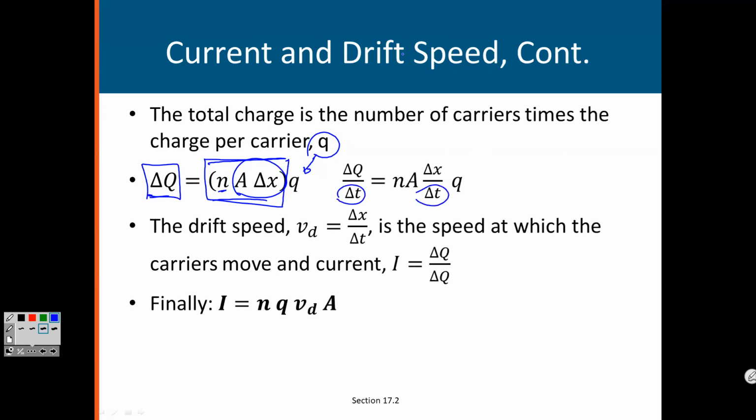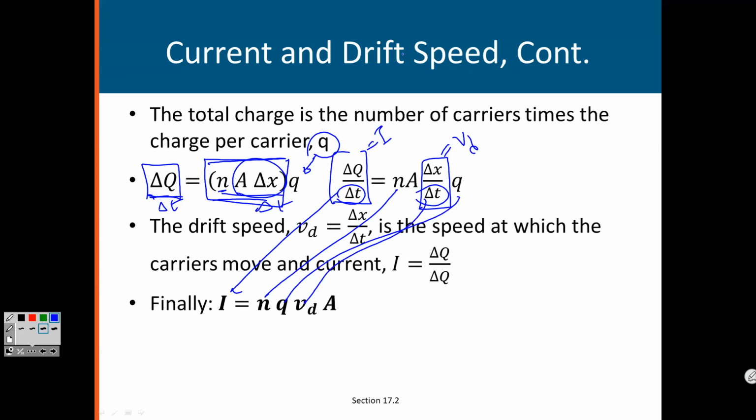And this is the speed, which we call the drift speed. And this is our definition of the current. Delta Q over delta t is the current. So what we finally get is this equation: I is delta Q over delta t, and then nq, this is Vd, and that is A.